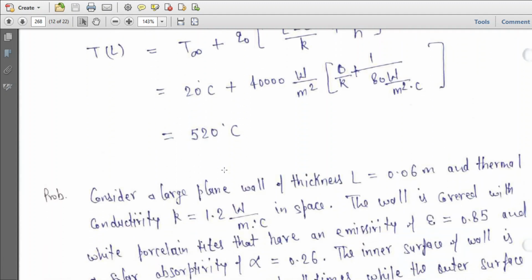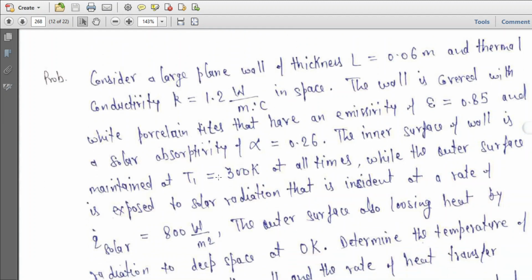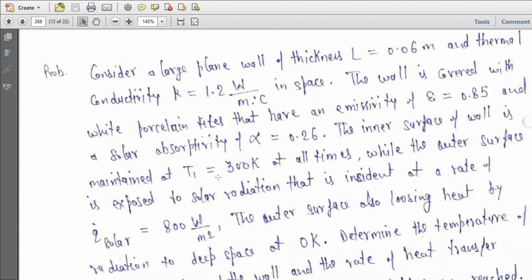So another example for a plane wall is that you have a plane wall of thickness 0.06 meter, thermal conductivity k is 1.2 watt per meter per degree Celsius. The wall is covered with white porcelain tiles that have an emissivity of 0.85 and solar absorptivity alpha equal to 0.26.